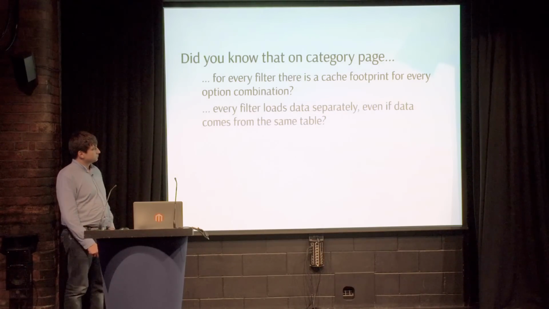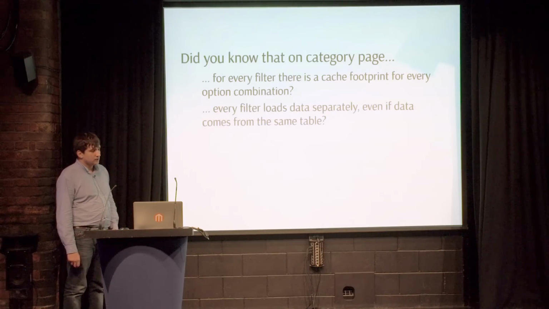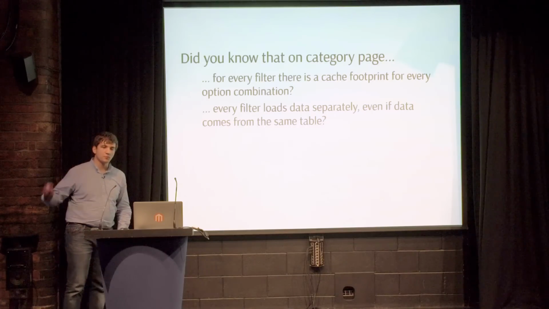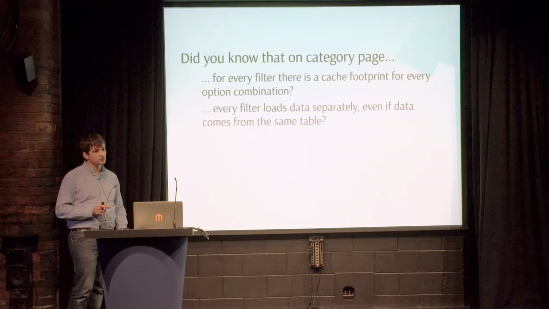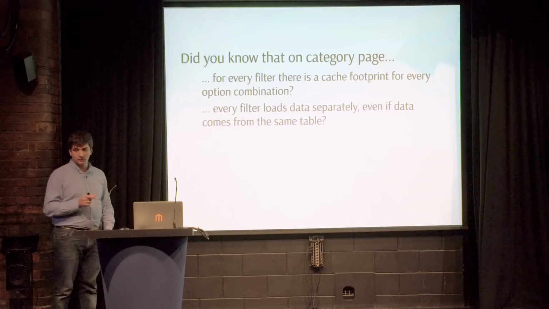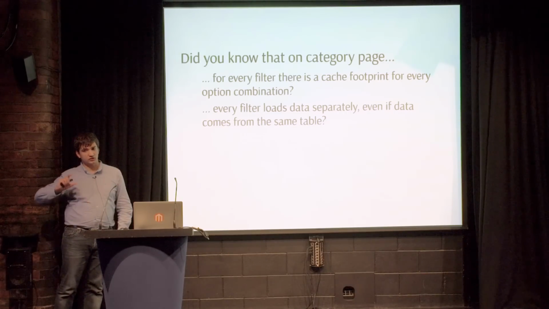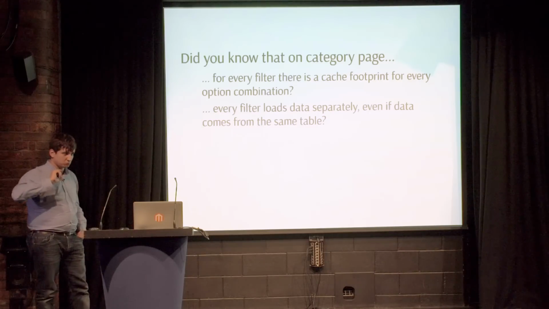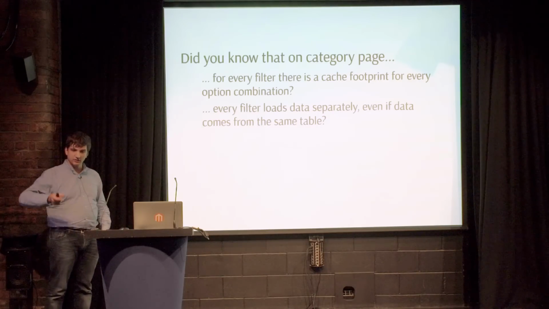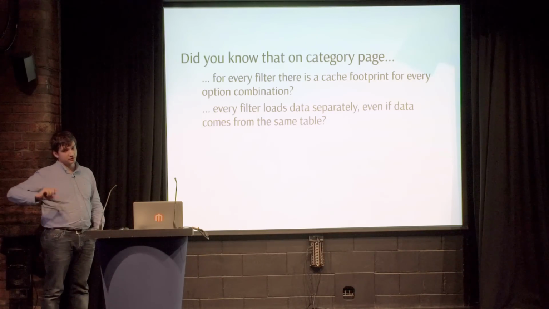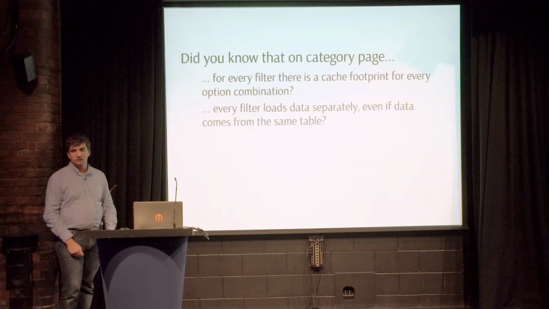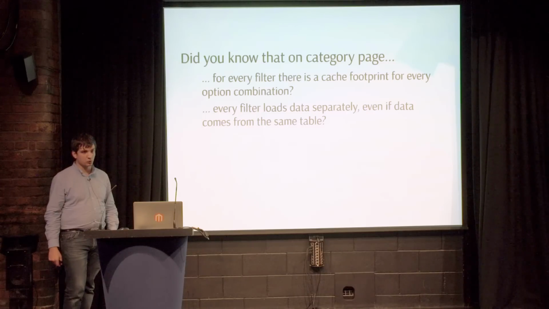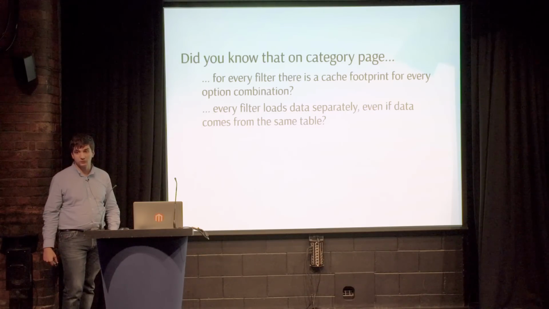Another problem is that for every filter there is a loading process of options. And every filter actually loads all options for a table source attribute, right? The one that is stored in a single table, but if we have 10 layered navigation filters, it means that 10 times we will ask that table to retrieve this data for this attribute. And if your customer is a big fashion retailer, right, they probably have thousands of different attribute values for those source tables, right?